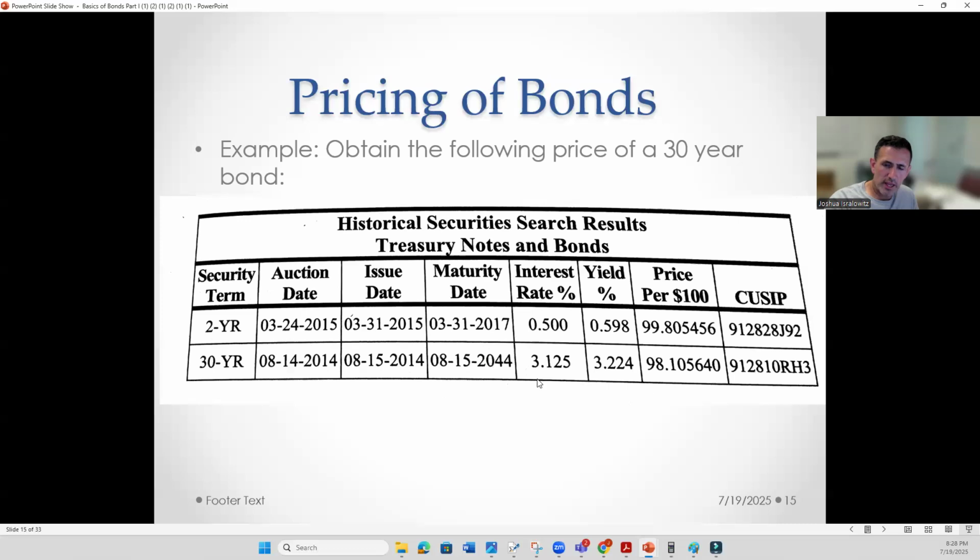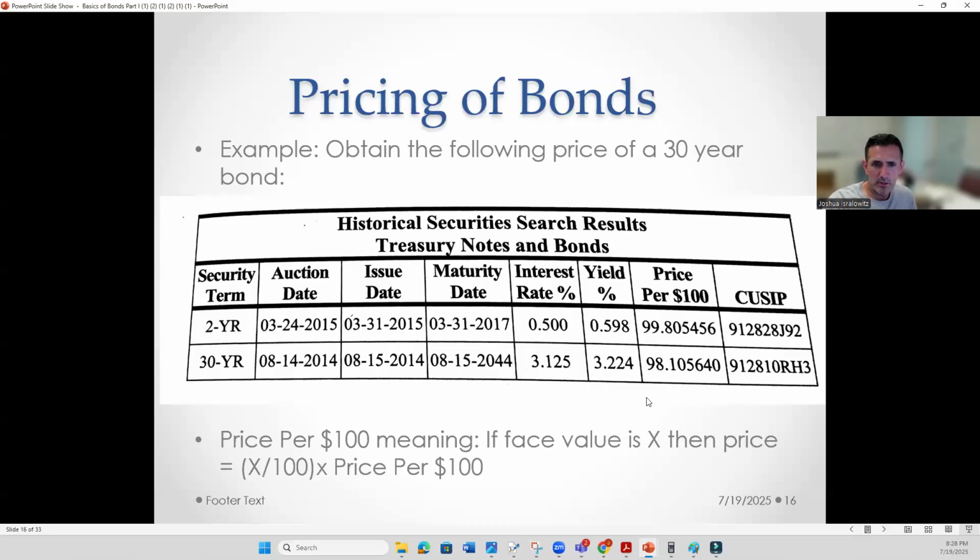Okay, so yeah, let's get the price here. And sorry, what does this mean? To be clear, this means if the face value is X, and you can purchase a bond of any face value you want, roughly speaking, then the price is X over 100 times this price per $100.